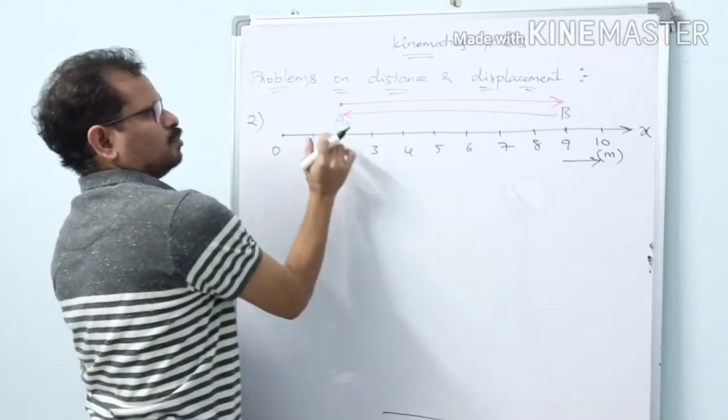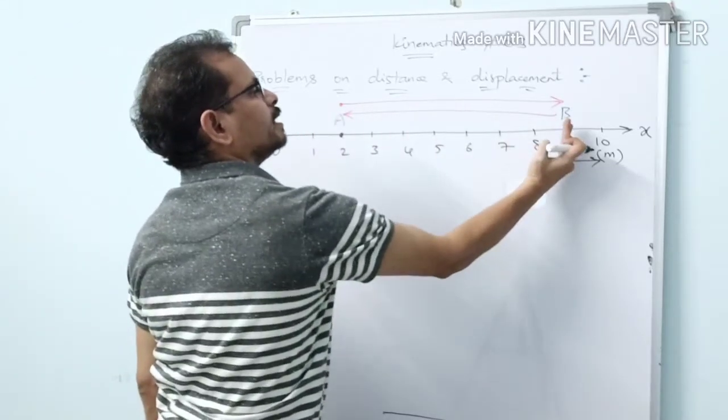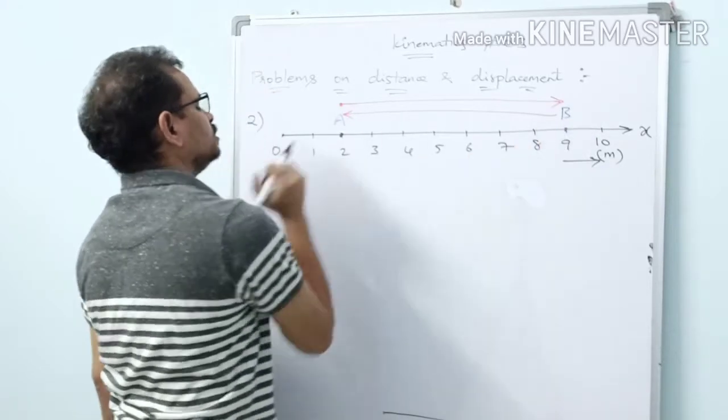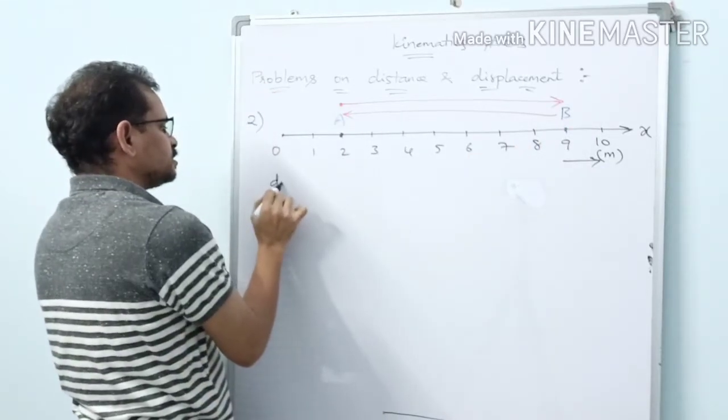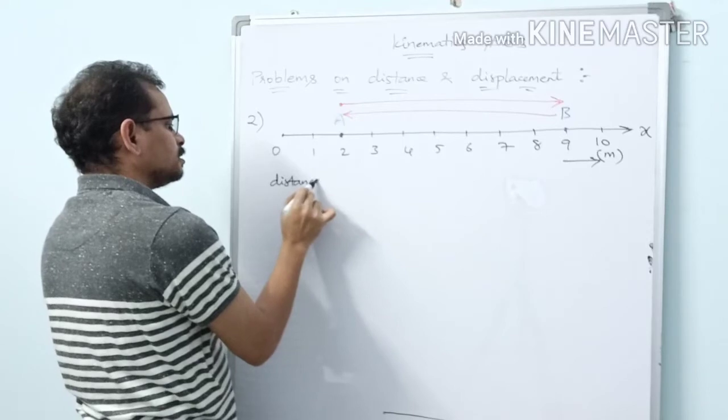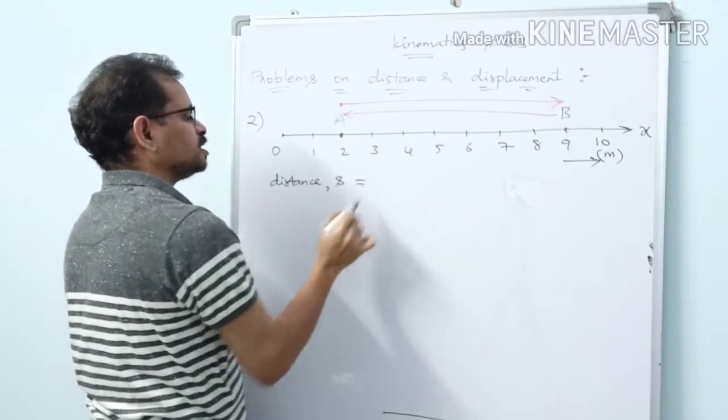A particle moves from A to B, then again comes from B to A like this. So in this case, what is the distance? Distance, yes, equal to how much?